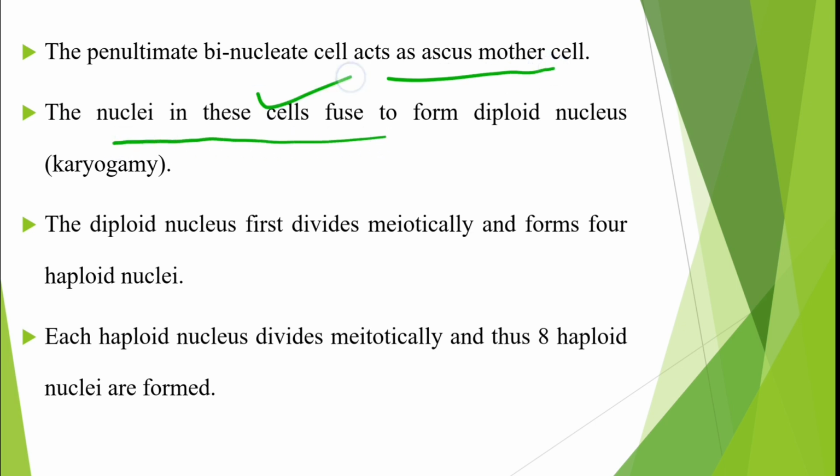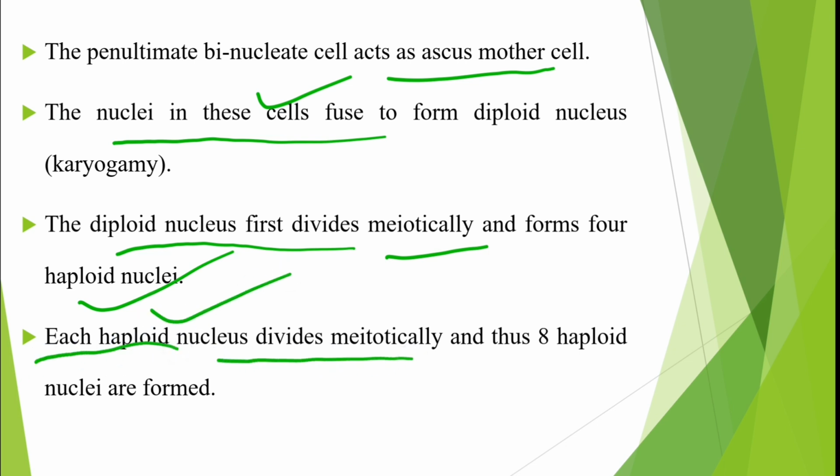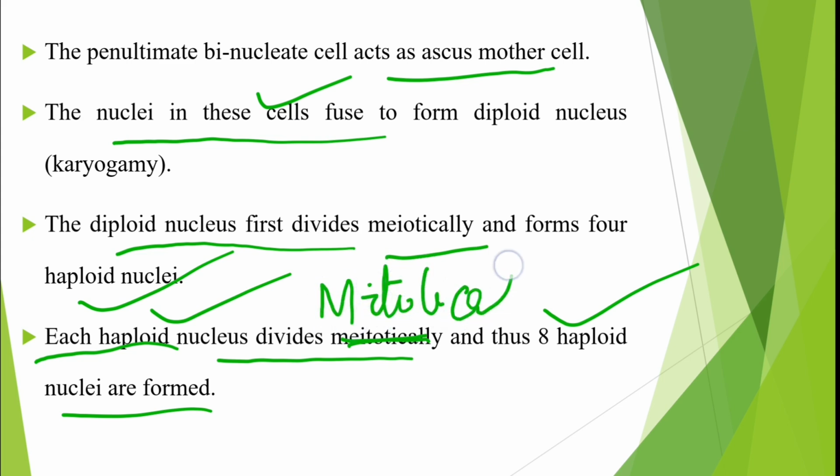The nuclei of this cell fuse to form a diploid nucleus. The diploid nucleus first divides meiotically to form 4 haploid nuclei. Each haploid nucleus then divides, not meiotically but mitotically. The second division is mitosis, and from 4 haploid nuclei, 8 haploid nuclei are finally formed.